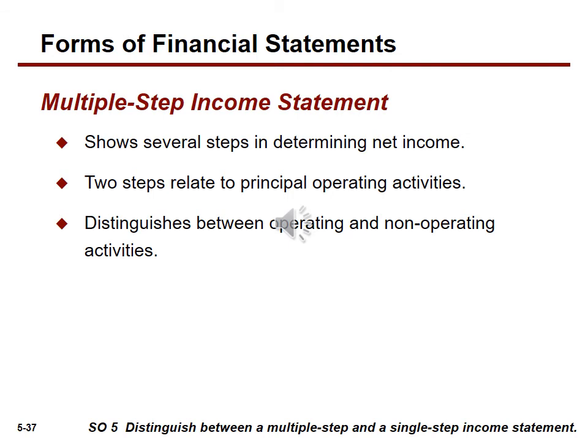So it would include two steps that relate to the principal operating activities, which should also show a step that discloses the expenses that only relate to the sales activity. So it distinguishes between operating and non-operating activities, so it creates different classifications or different steps in the income statements.